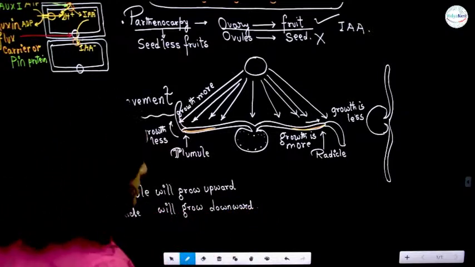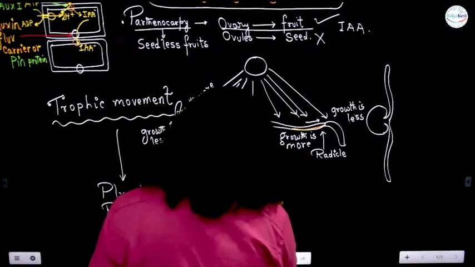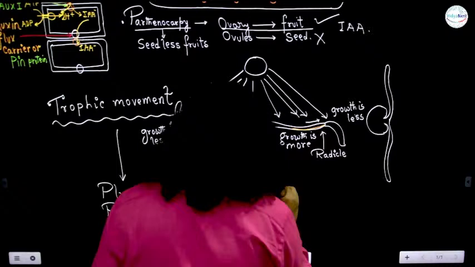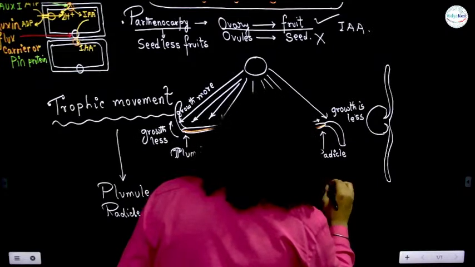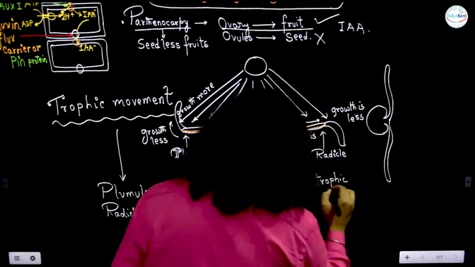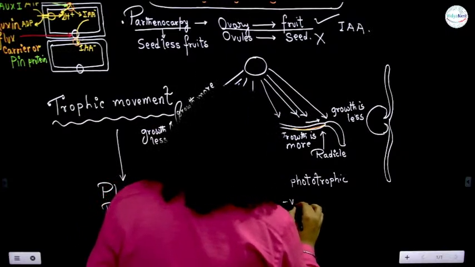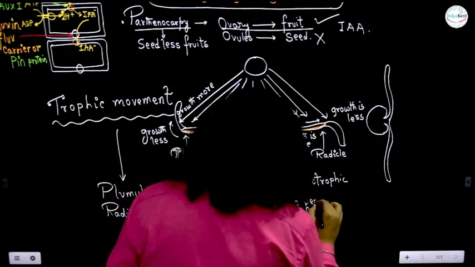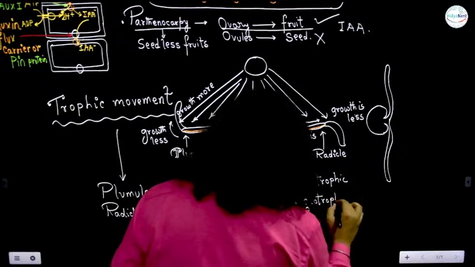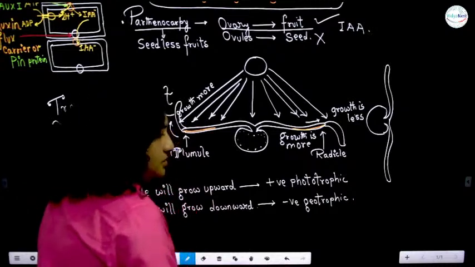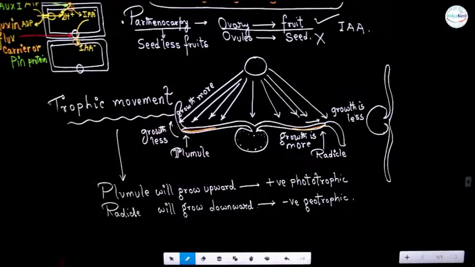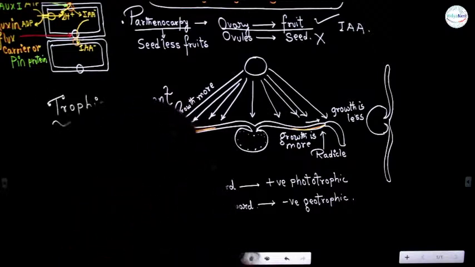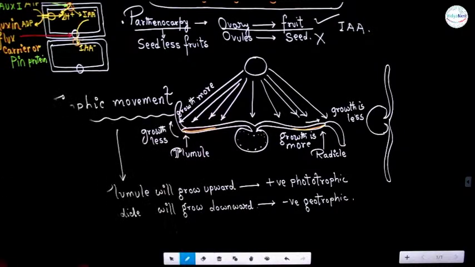That is why this is positively phototropic, and this is negatively geotropic. So this is the explanation of the tropic movement in case of auxin, that is a function of auxin.